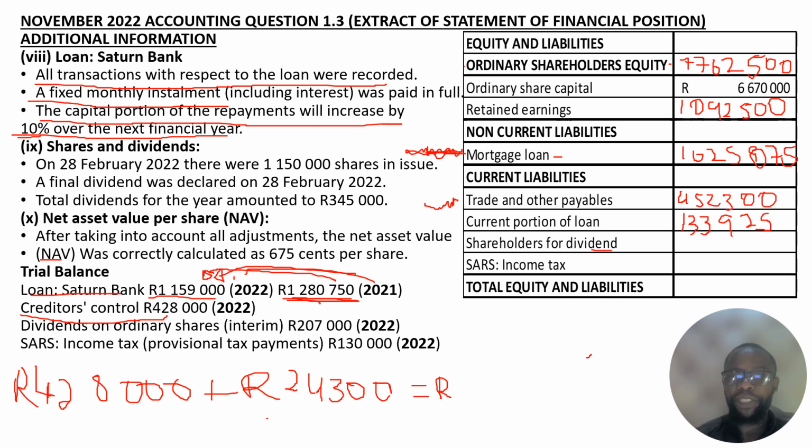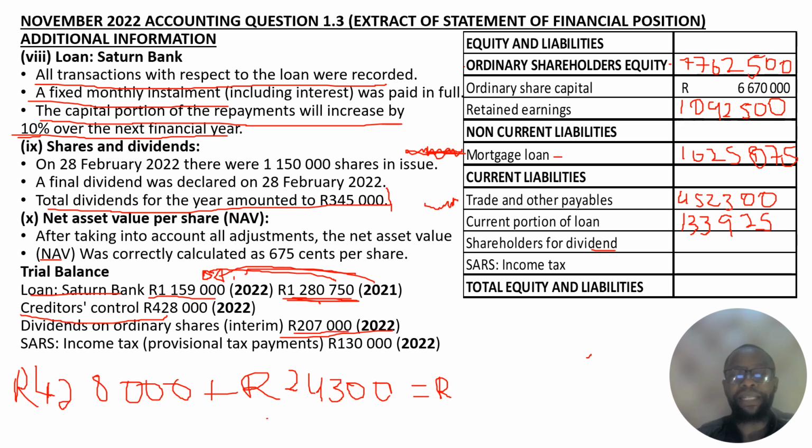And then we go to shareholders for dividend, and there is information from the trial balance. Dividend on ordinary shares is 207 for 2022. On additional information, we are told that the total dividend for the year amounted to 345. So the dividend that should have been paid is this 345, but we only paid 207.